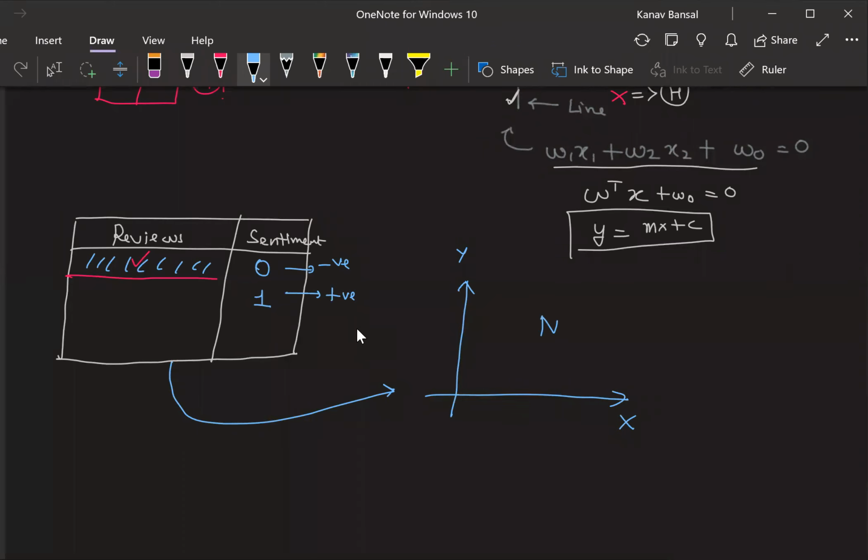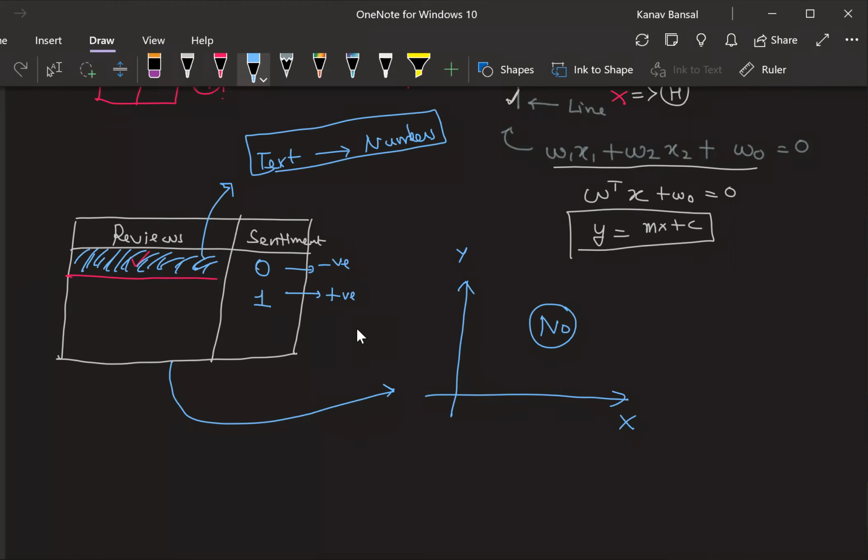No, it is not possible. So tomorrow we'll see how to transform the English language into numbers. We'll try to convert whatever text data is given to us into numbers. If we can convert the entire text data into numbers, then it can be done. Are you all agreeing to this?